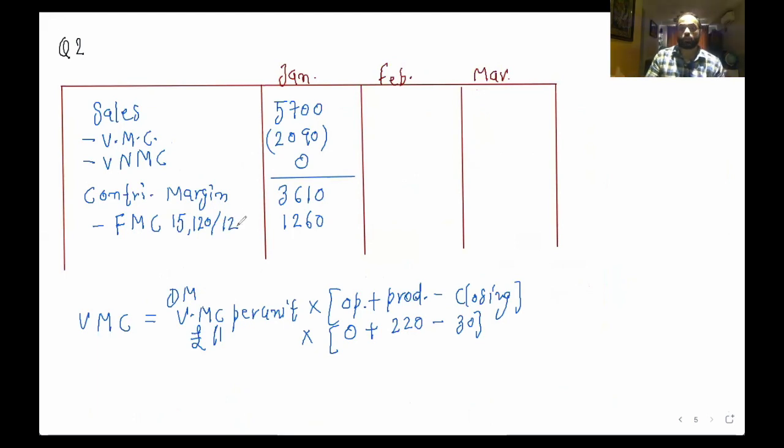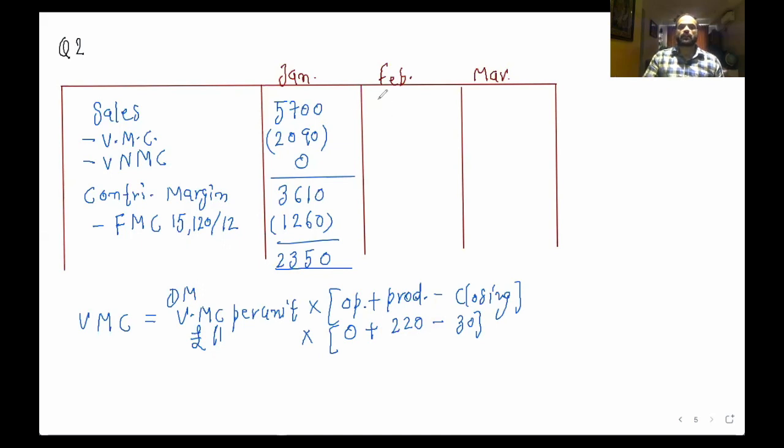Simply, you are calculating for 1 month, which is 1260. So, how much is your net profit for the month of January? $2,350, right? Okay, let's move on to February.